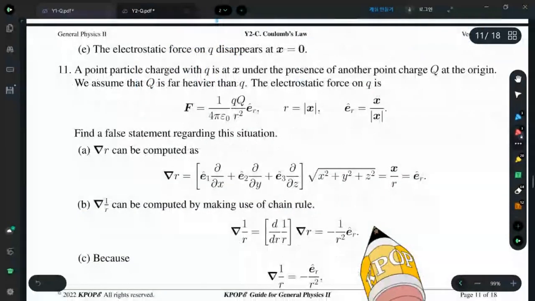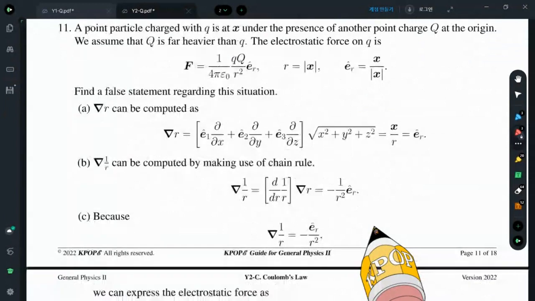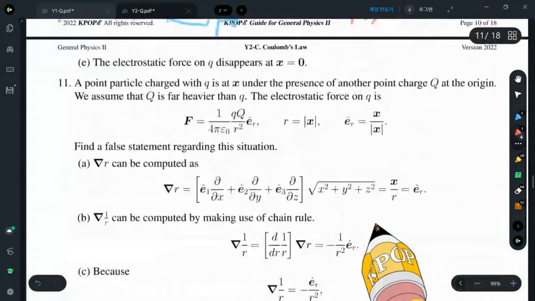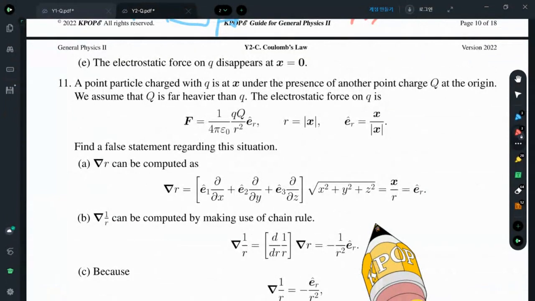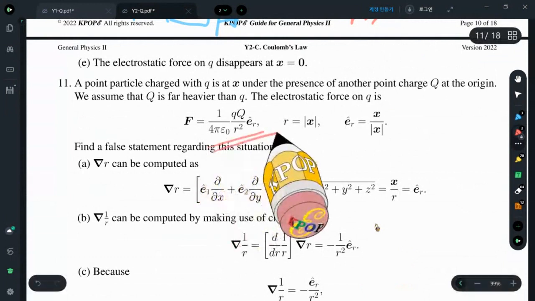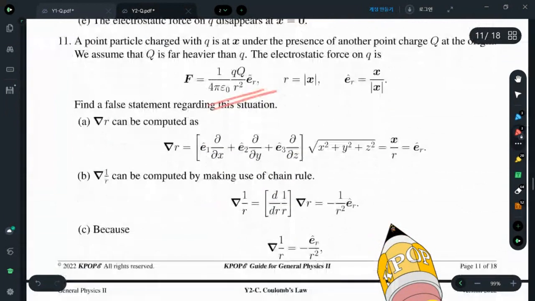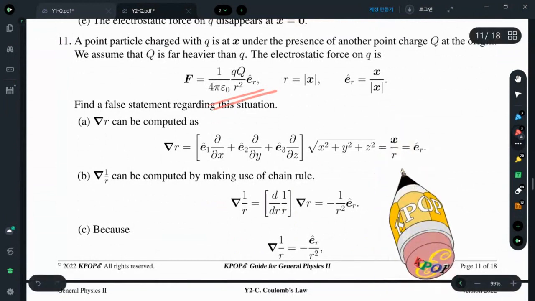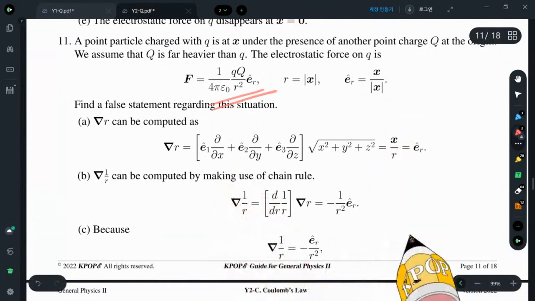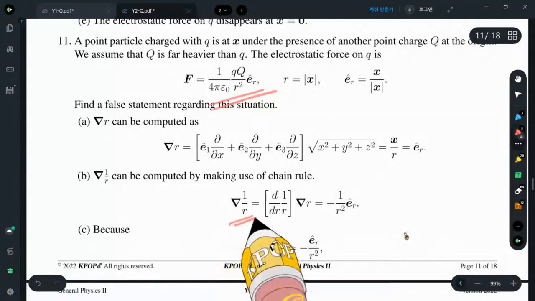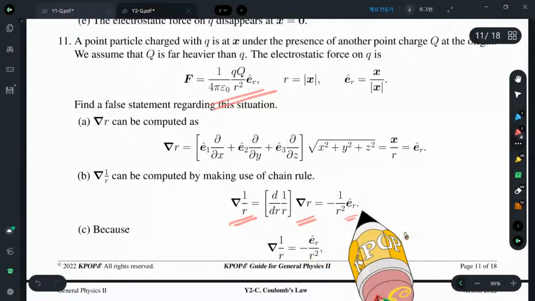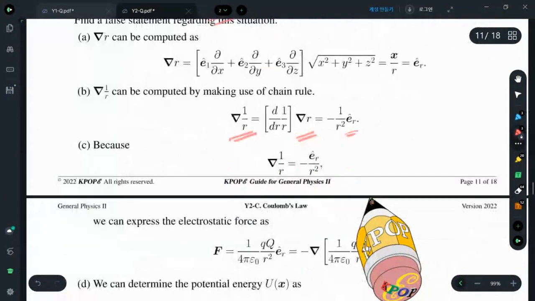All right. You have to train how to compute the electrostatic force from the electrostatic potential. That is a scalar proportional to 1 over r. And these are detailed calculation tables.